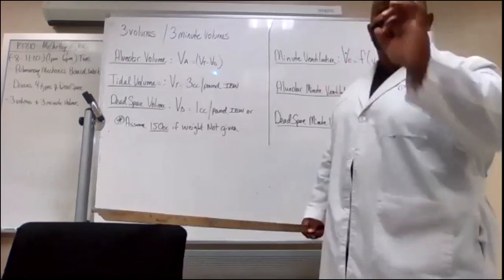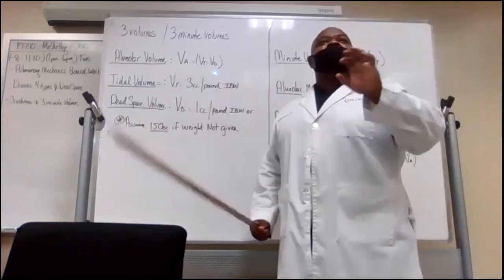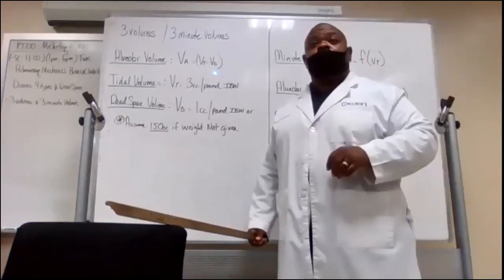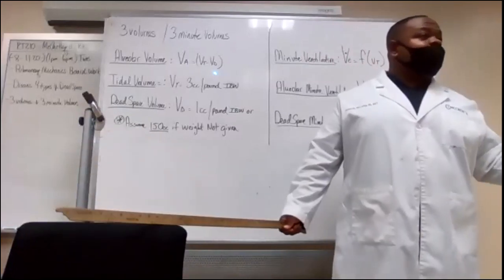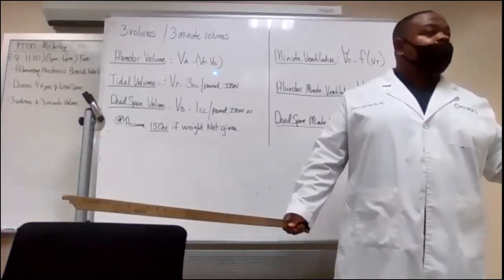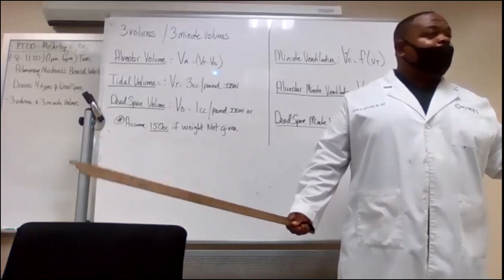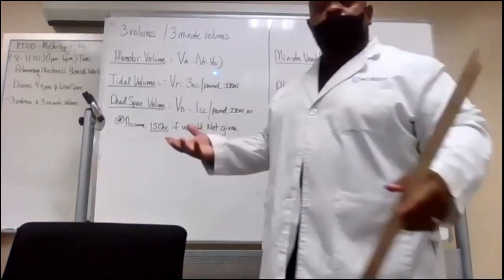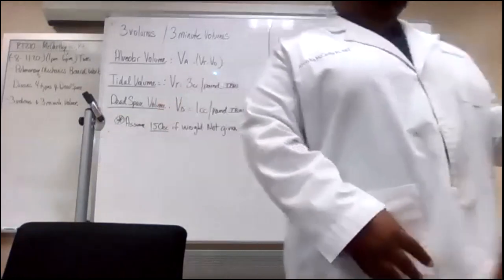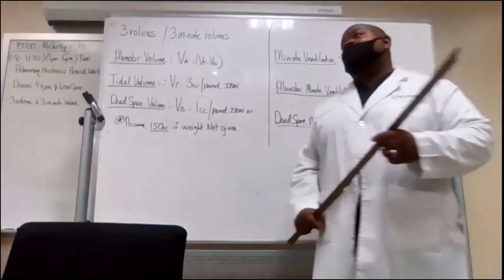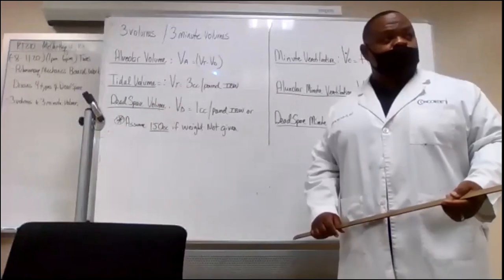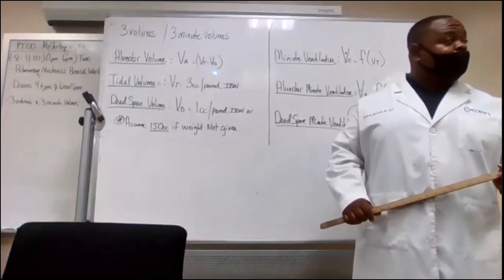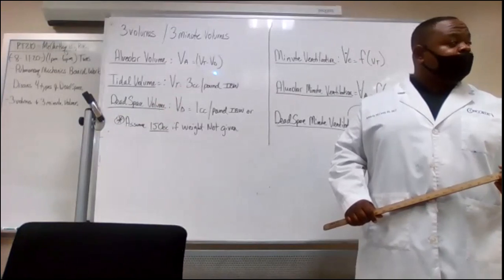So if I say, Mr. Johnson, what is Mr. Johnson's dead space volume? And I don't give you a weight, what are you going to say? 150. If I don't give you a weight, it's 150. If I say Mr. Johnson weighs 200 pounds, what is his dead space volume? 200.